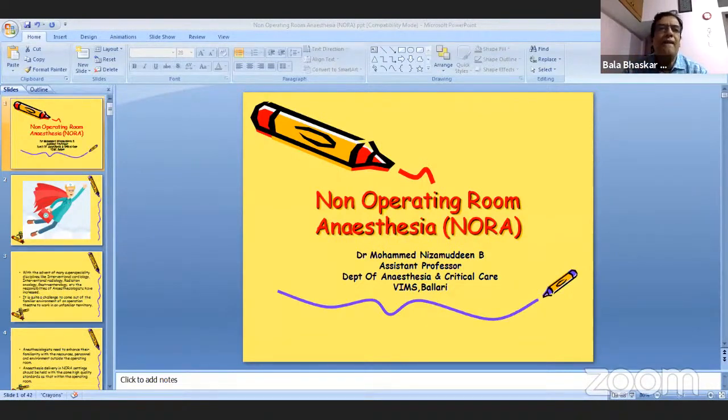And I think when you are talking about non-operating room anesthesia, we are also talking about endoscopy suites. In the endoscopy suite, where the surgeon wants to pass an endoscope inside, especially upper GI scopy, one advantage we have nowadays is the availability of some modified supraglottic airway devices.